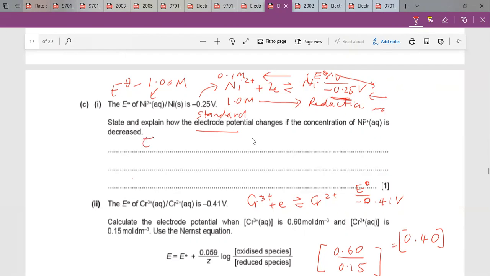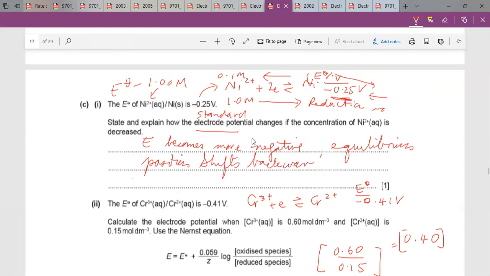So E becomes what? More negative. Why? Because the equilibrium position shifts where? Shifts backwards, or you can say shifts to the left.